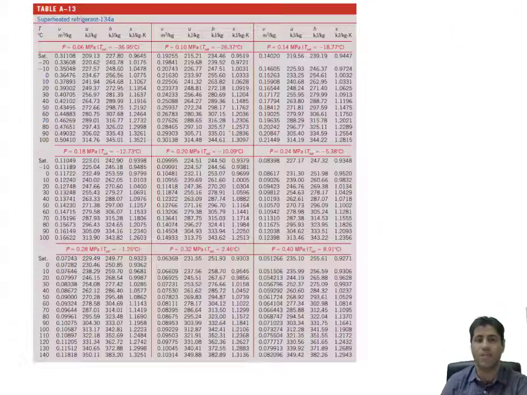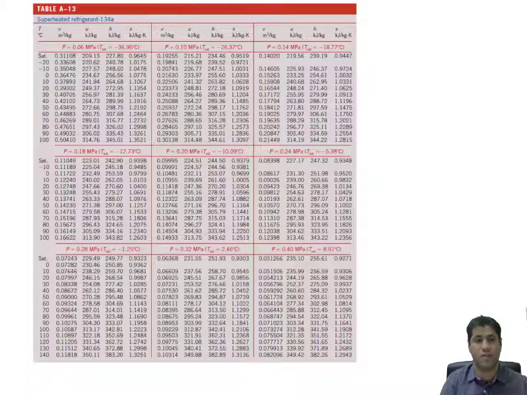So we need to come to the table which represents the thermodynamic properties for superheated refrigerant 134A. The pressure which we have is 0.8 megapascal. So in this table A13, we need to find this pressure.